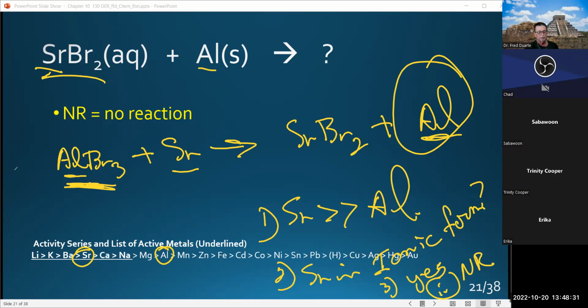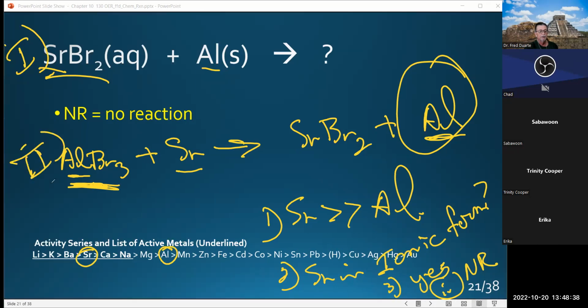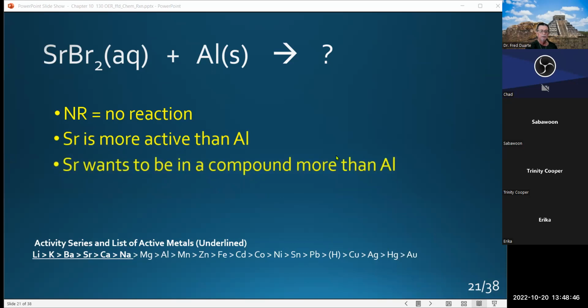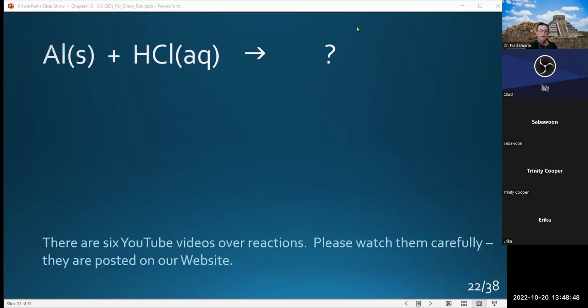For the second example I just did, this is the first scenario. Here's the second scenario. Okay, let us continue. No reaction. All right, now here's the one where we have an acid.